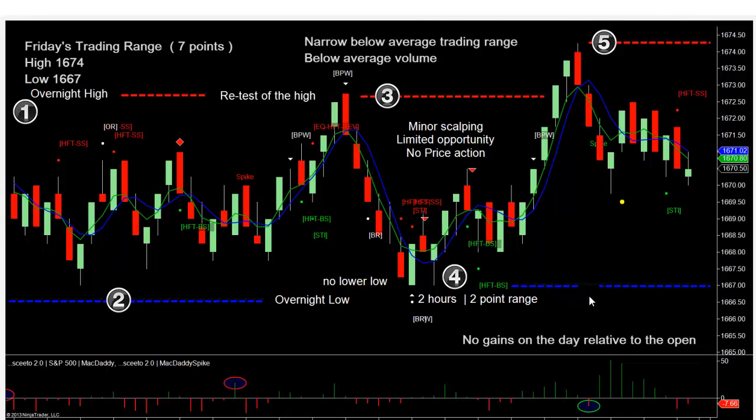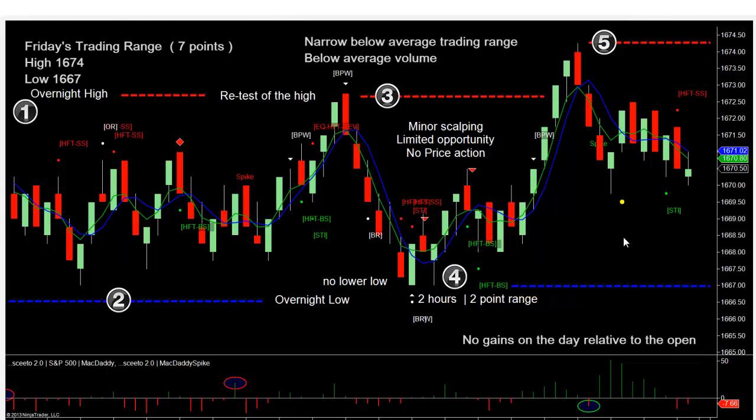And as you begin to accumulate a body of evidence, that means you save this pattern, you categorize the pattern, classify it: narrow range day, below average volume, only 7-point trading range.